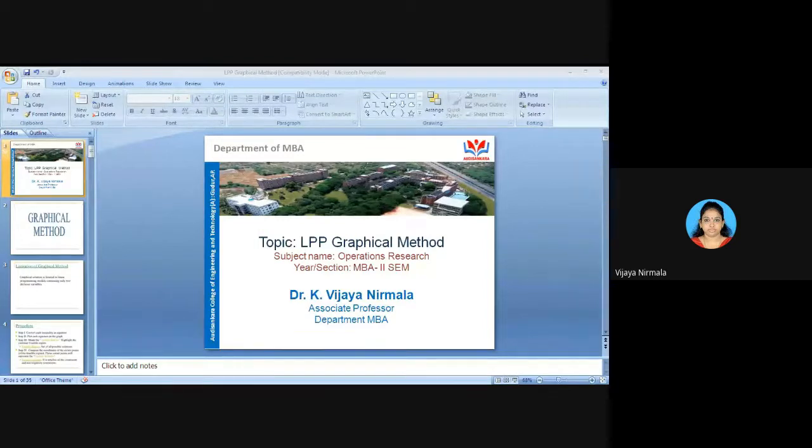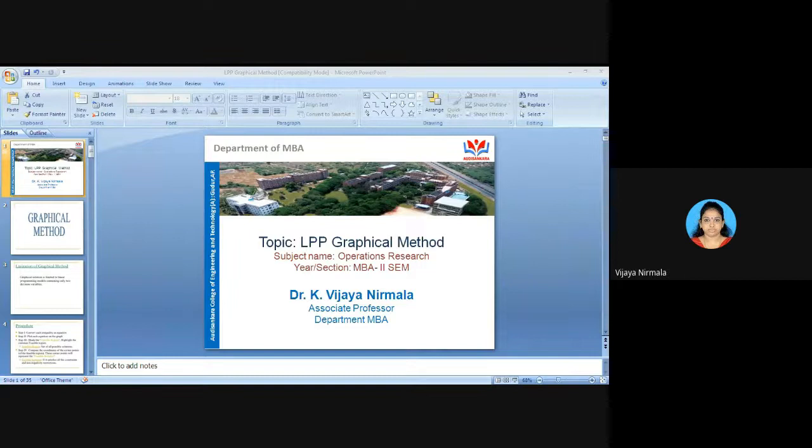Today we are going to discuss linear programming problems by using the graphical method. How do we solve the problem by using the graphical method in linear programming? Before that, we have already discussed how to formulate an LPP, right?